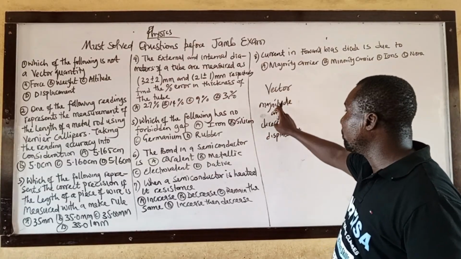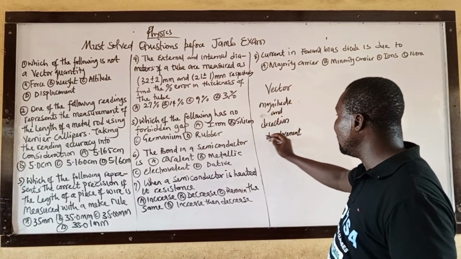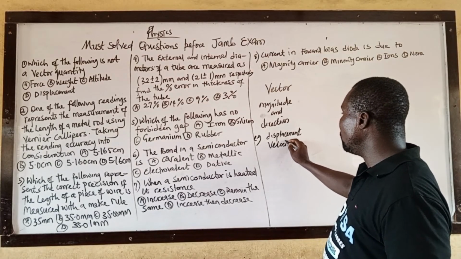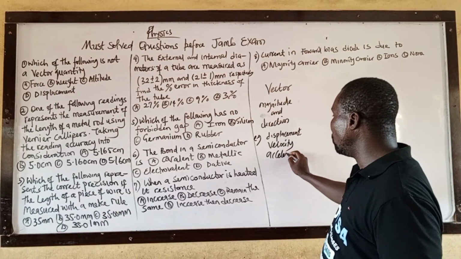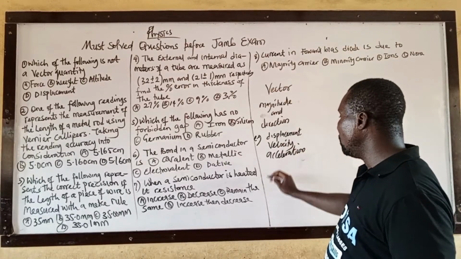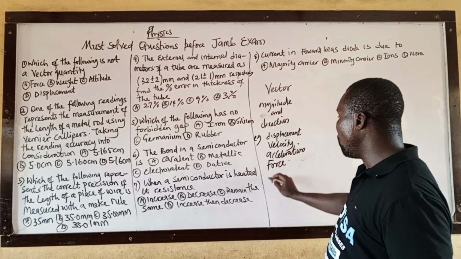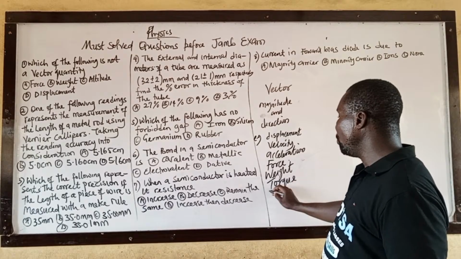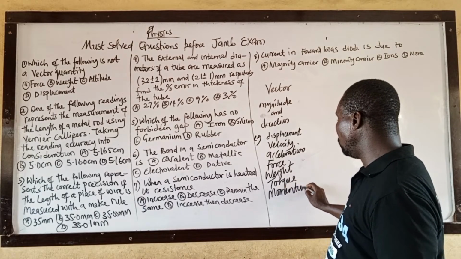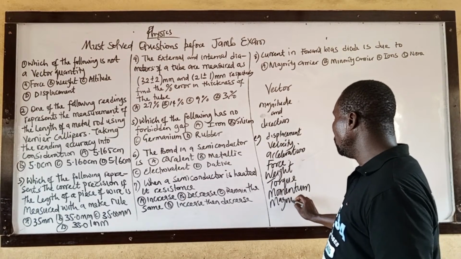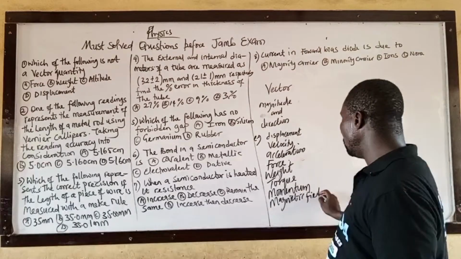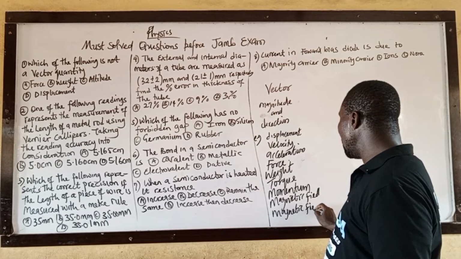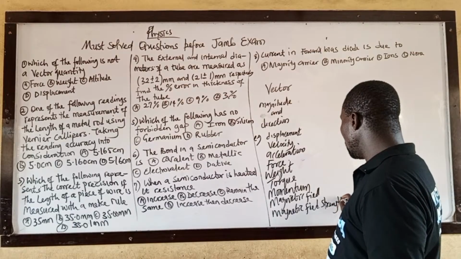Vector quantity has both magnitude and direction. Examples of vector quantities are displacement, velocity, acceleration, force, weight, torque, momentum, magnetic field, magnetic field strength, and so on.